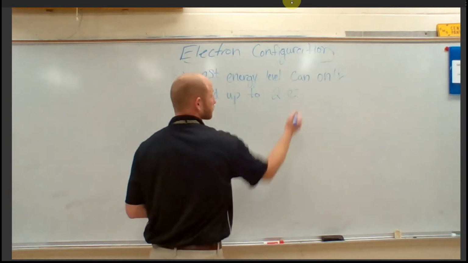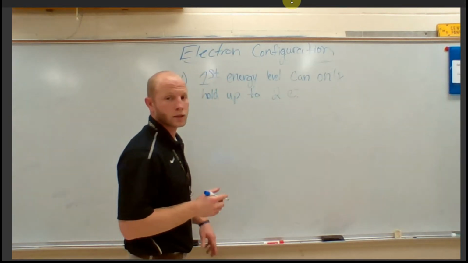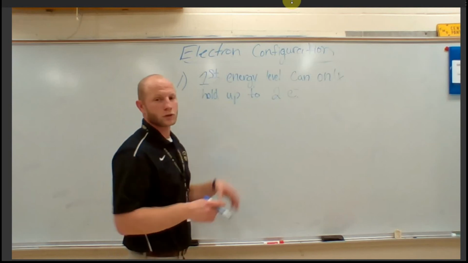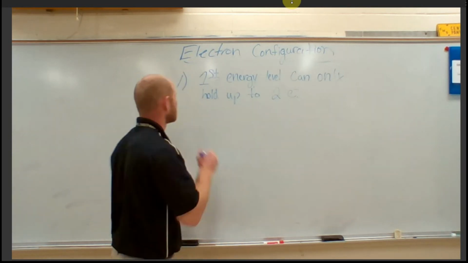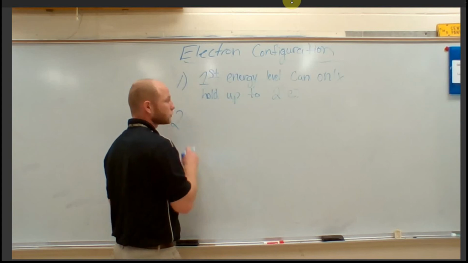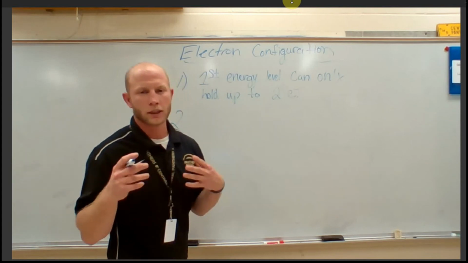Okay? The first energy level. The first energy level is also the closest to the nucleus of the atom in proximity terms. Second, so there's a total of 7 energy levels.